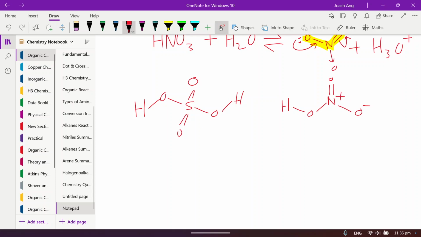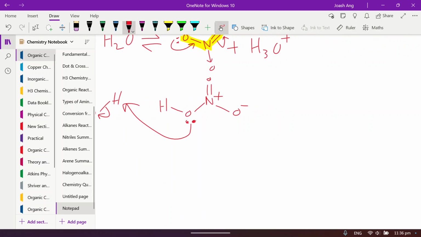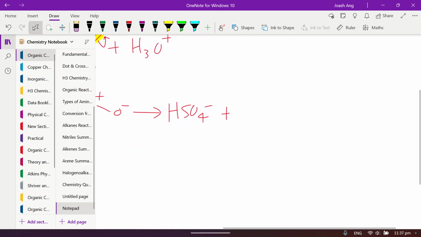Okay, so I draw the formal charges on HNO3, and this oxygen will abstract a proton, and it will cause HSO4 minus to form, as well as the conjugate acid of HNO3.